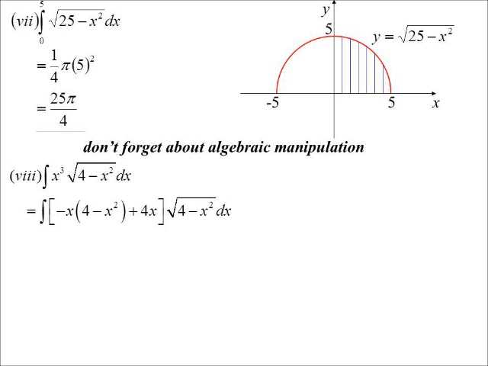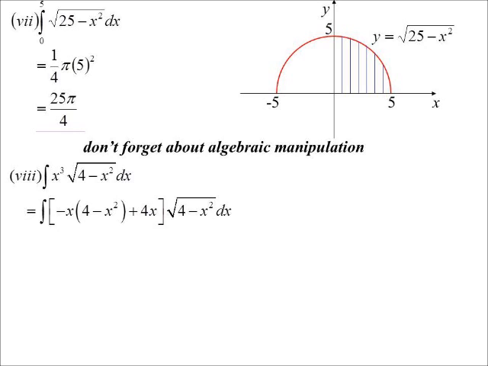All right? In other words, what I'm saying is x cubed is minus x times 4 minus x squared plus 4x. How do you work it out? That does turn out to be x cubed. So I've just manipulated x cubed.